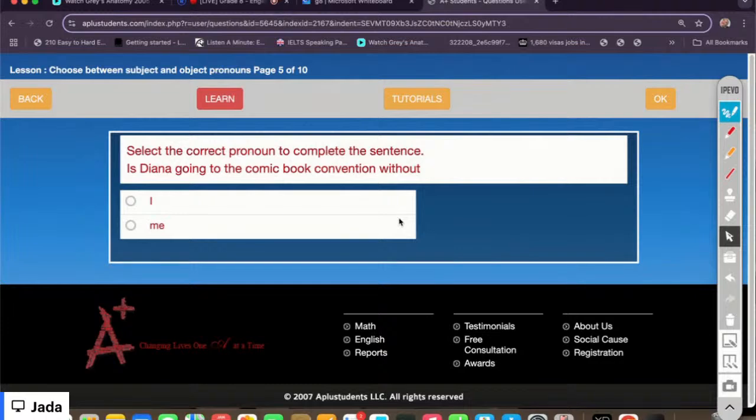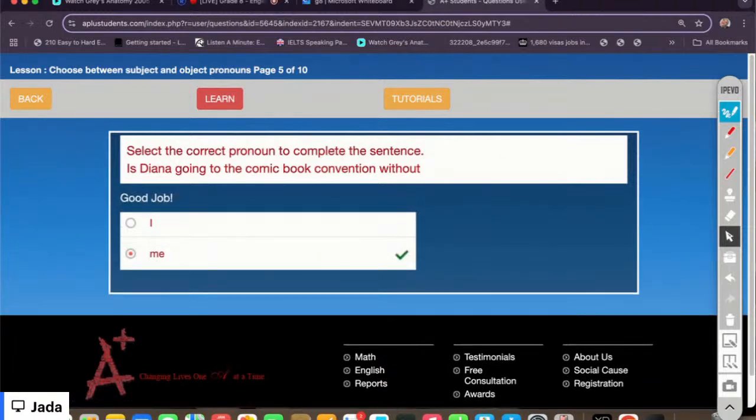Which is the right one? So, without me, object pronoun.